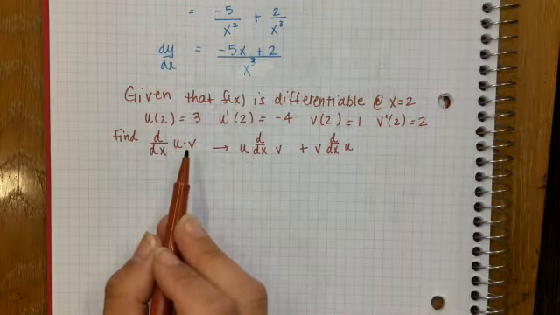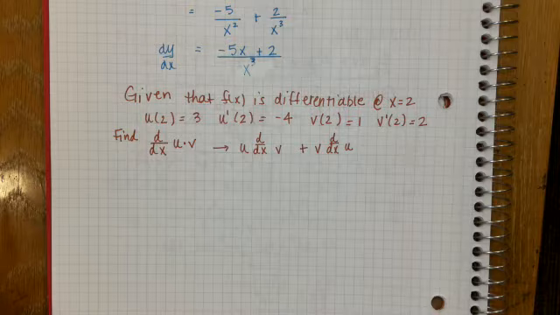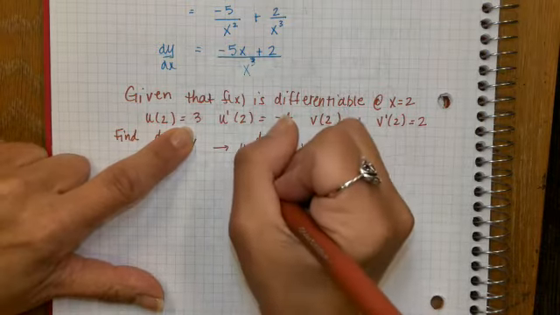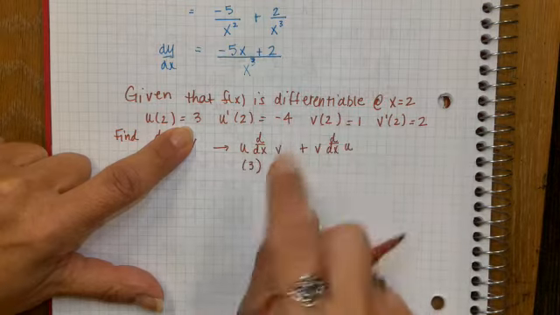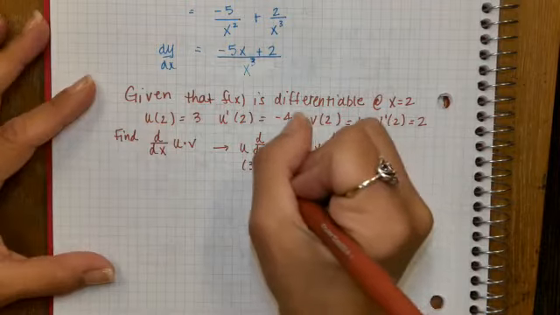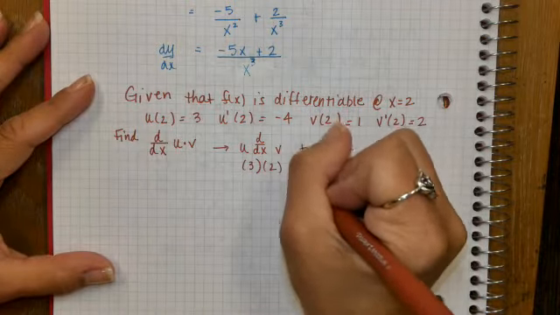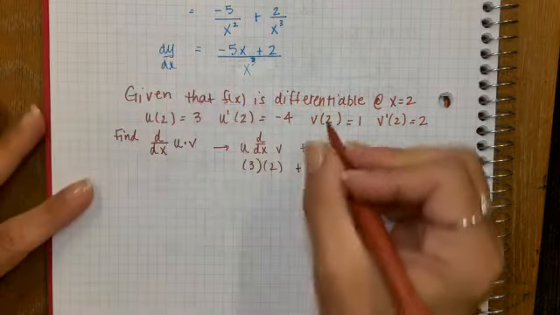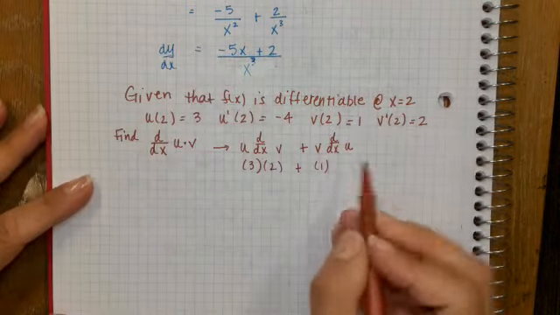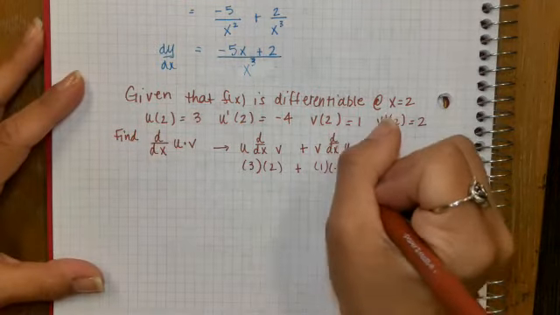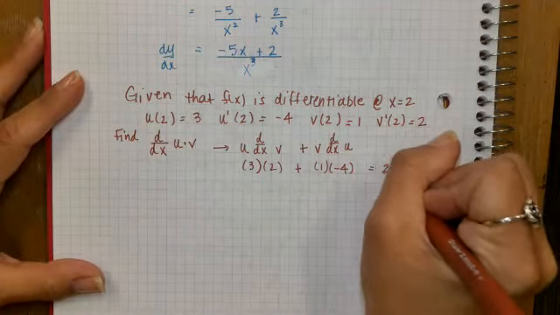U times the derivative of v plus v times the derivative of u. Well, guess what? You know u. U is 3. The derivative of v is 2. V is 1, times the derivative of u, which is negative 4, which I believe is 2.